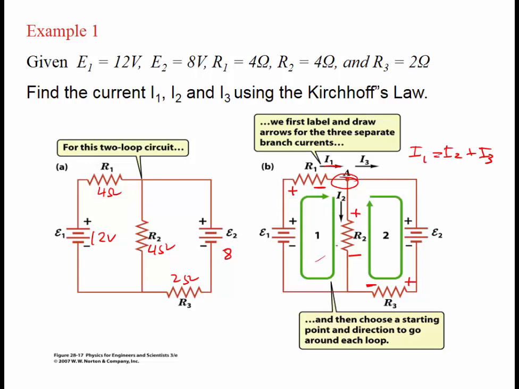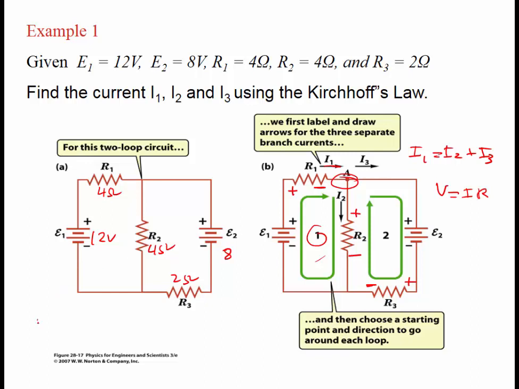So for example, if we're adding the voltages in this fashion in loop 1, let's say we're starting here with R2. We're using Ohm's law. We know that V equals I times R. So the voltage across R2 is going to be I2 times R2.